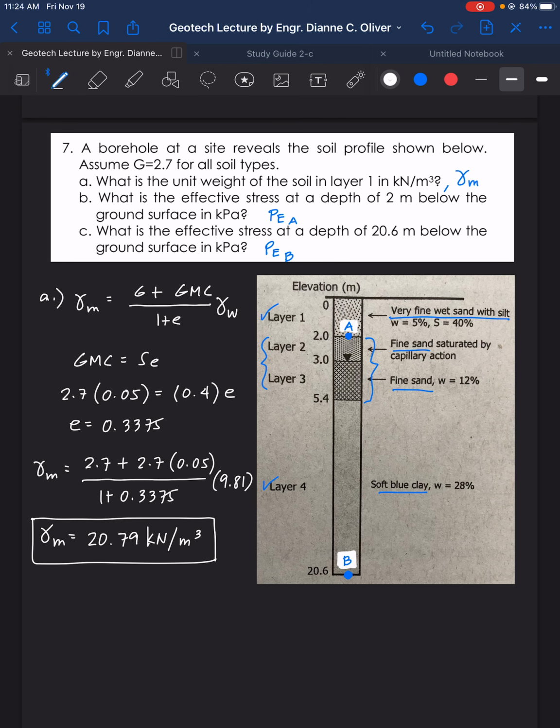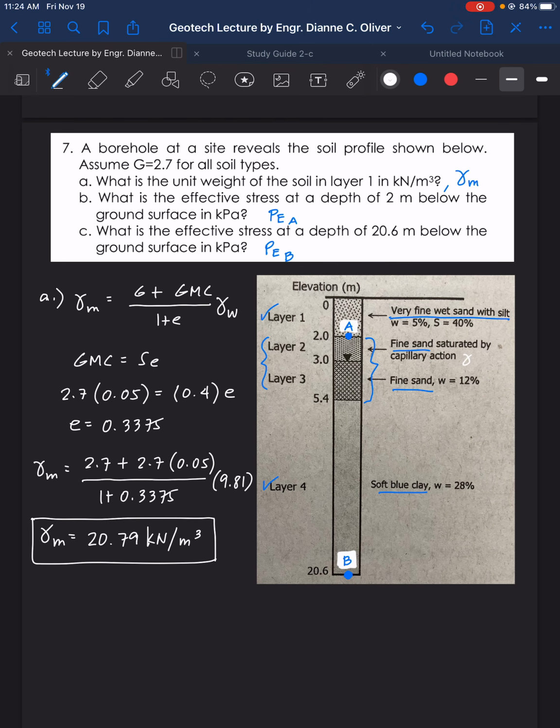Letter B, what is the effective stress at a depth of 2 meters below the... okay, so what we need to find here is the value of gamma sat for layer 2.